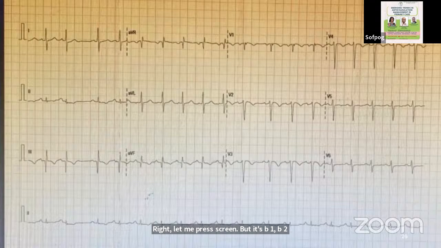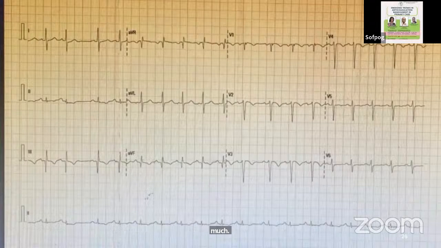Great, thank you very much. And the rate is irregular. You don't often see this, but if you are fortunate to, you look for a PE in the right heart.